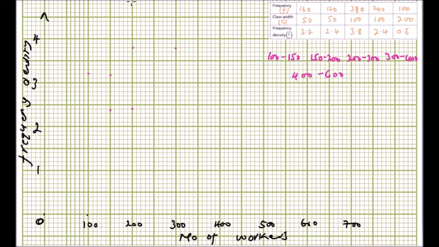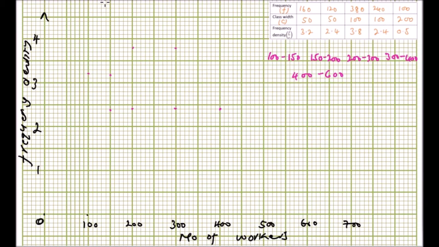Then from 300 to 400, the frequency density we have was 2.4. So this is where we have 2.4. That is from 300, 2.4 is there, and we put it there. And then from 400 to 600, we have 0.5.